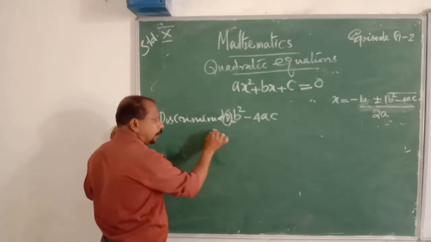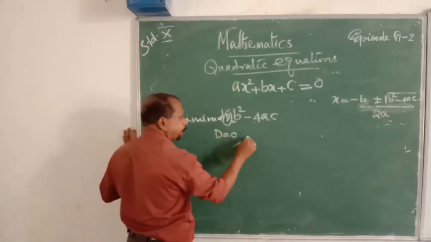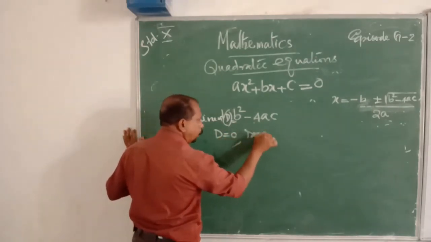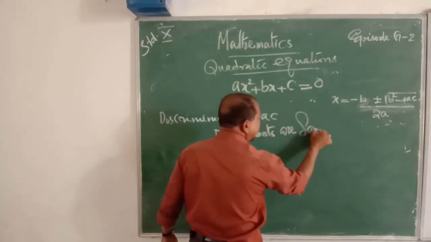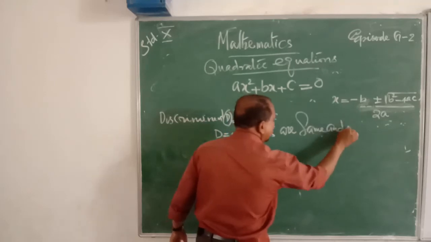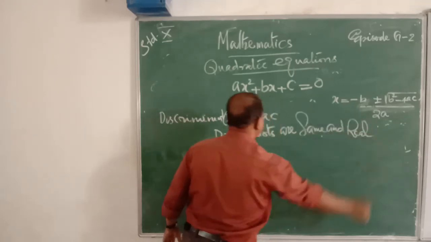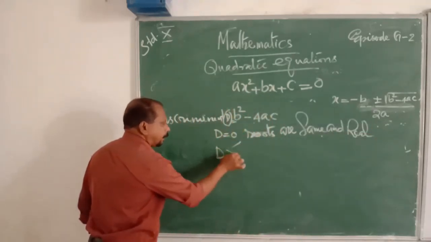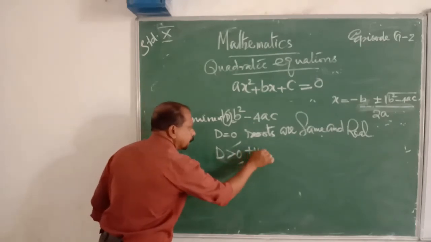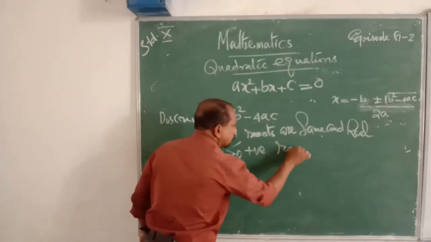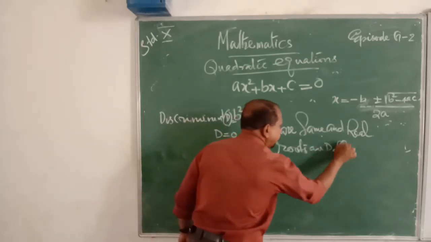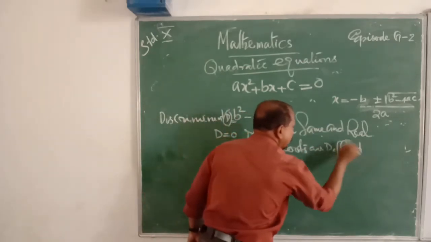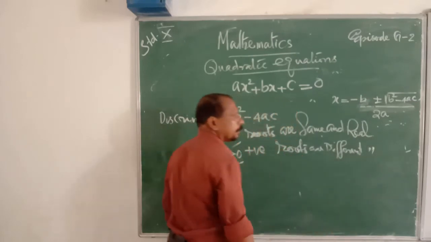If D is equal to 0, roots are same and real. D greater than 0 means positive, roots are different and real.